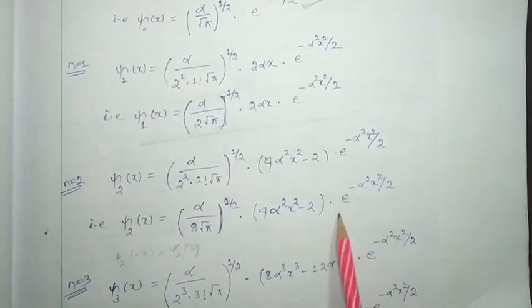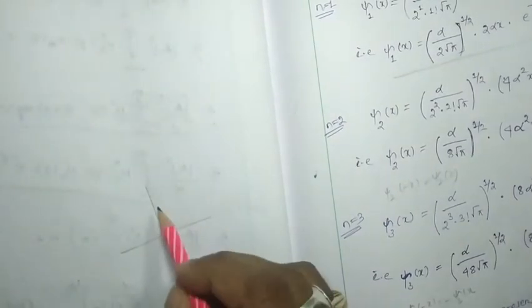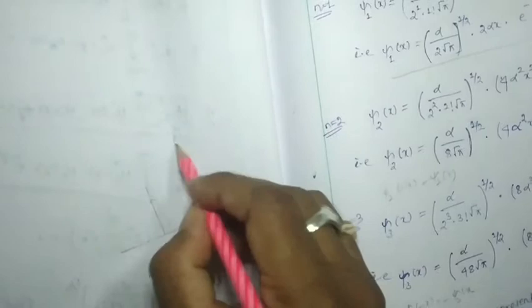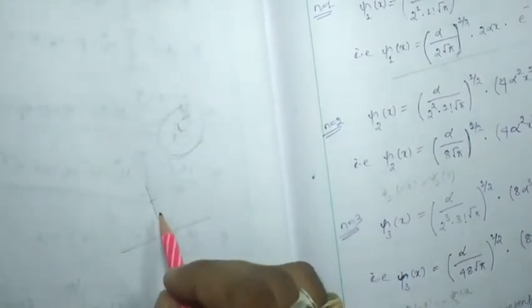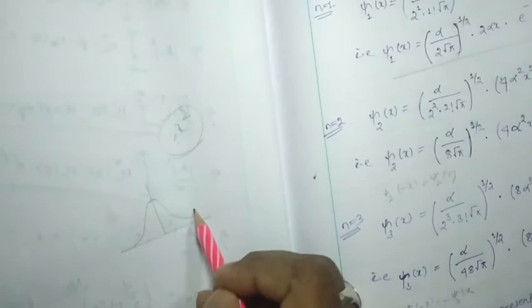If we draw the curve, then it will be like this, along the positive x-axis direction and along the negative x-axis direction.